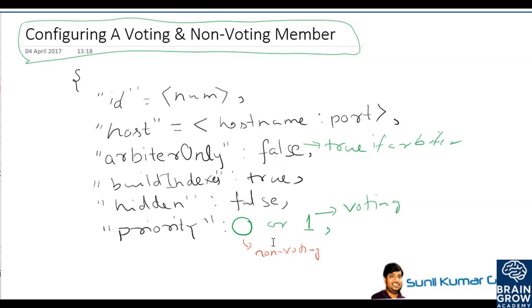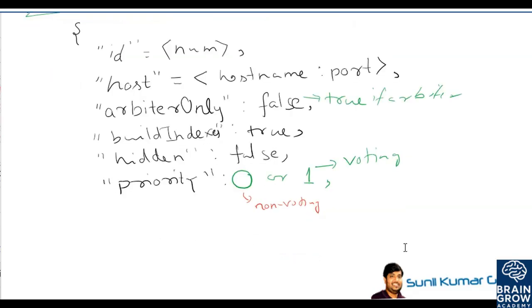The next one is tags. You can give tags if you want, otherwise leave it. We close this, and next we need to give the number of votes it can have. If it is non-voting, you can give 0 because it will not have any votes to give.